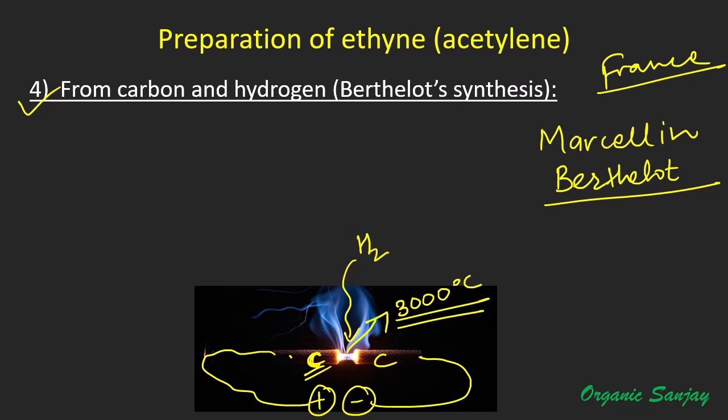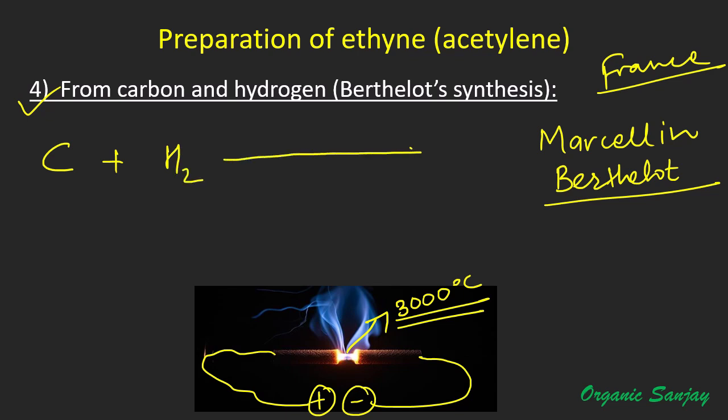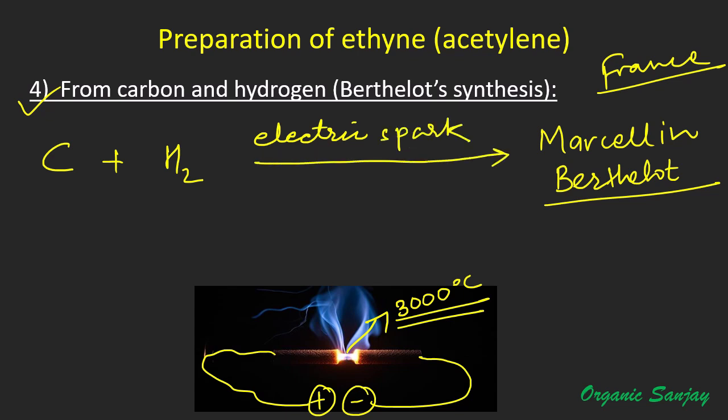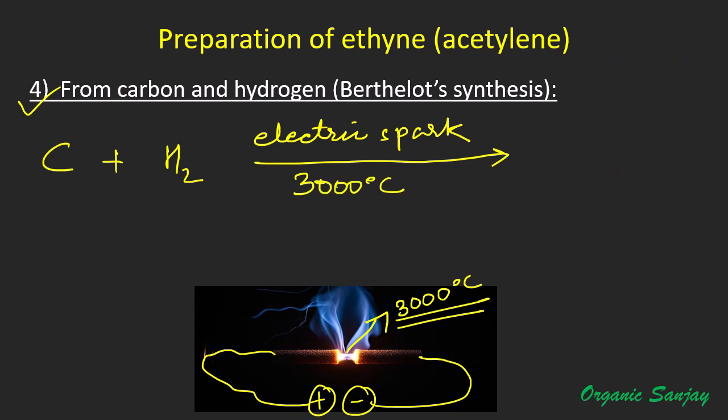Let me explain by writing the chemical equation also. Carbon present in the carbon electrodes and hydrogen combine in this electric spark region, where there is very high temperature, and in that high temperature ethyne gas will be formed.